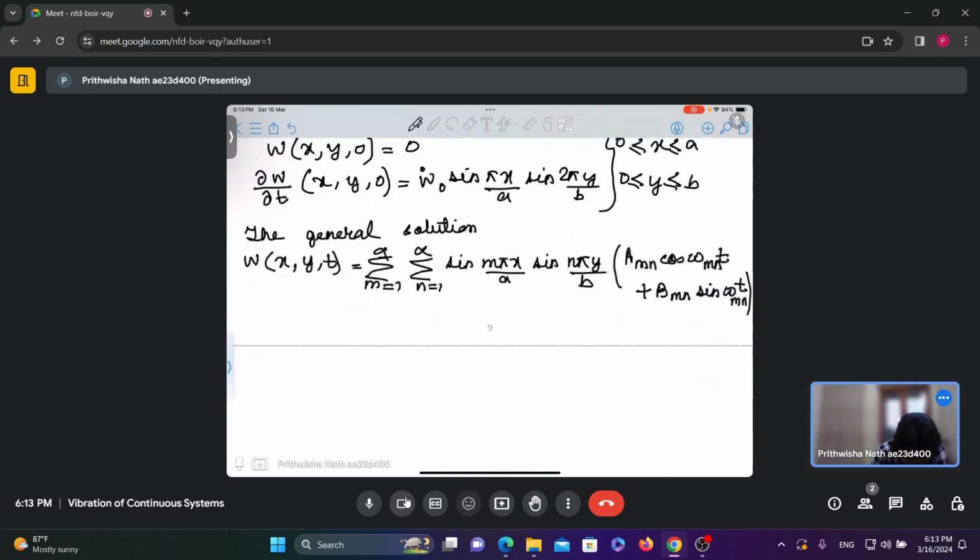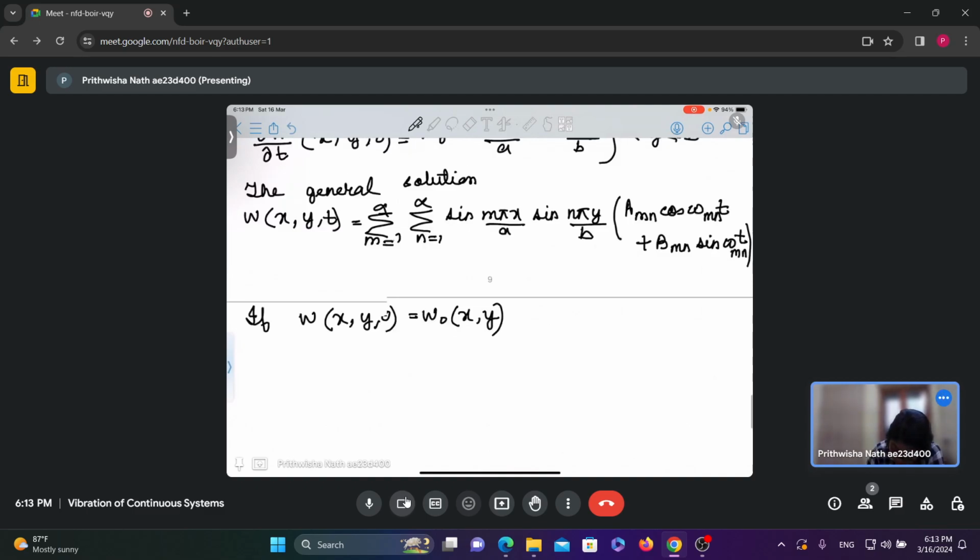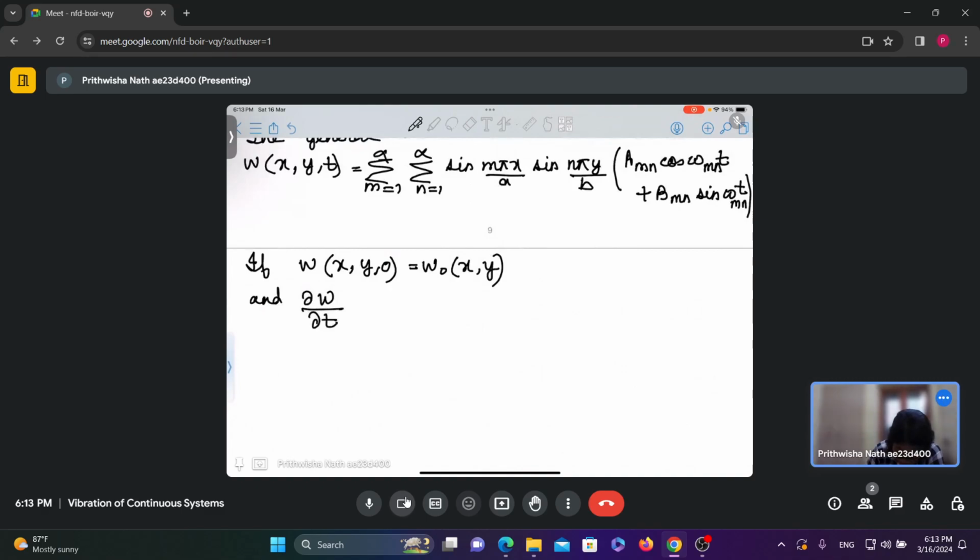Now if W x comma y comma 0 equals W naught x comma y, and this is W dot x comma y, for x varying from 0 to a and y varying from 0 to b.